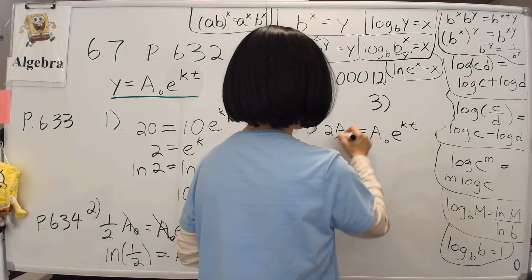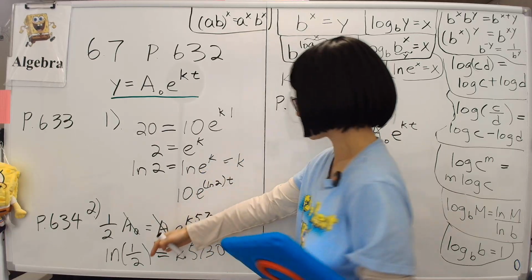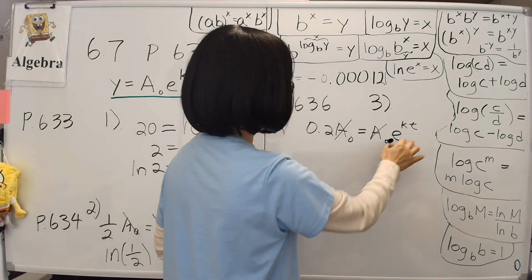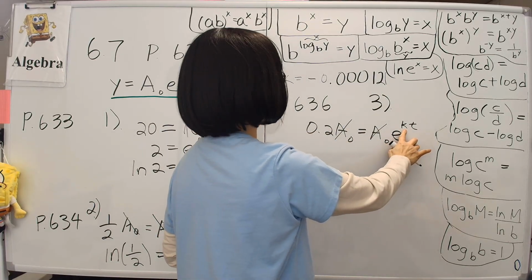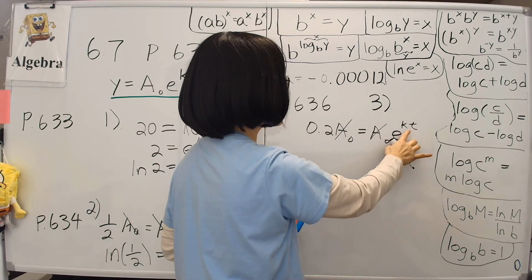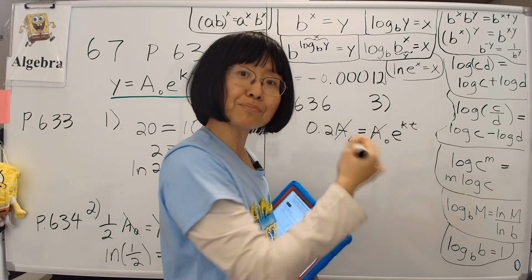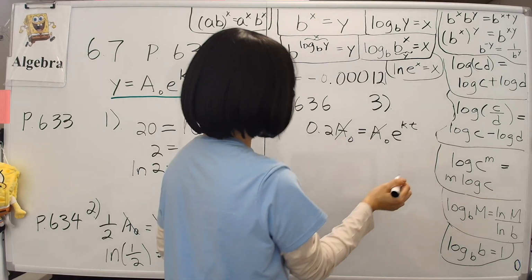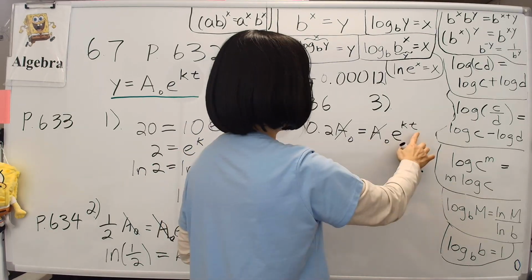So let's cancel it out, just like the previous case. And remember, we know what k is in this case. k happens to be this thing because we're talking about the same object here, carbon-14 in both examples. So knowing that, we're looking for t.